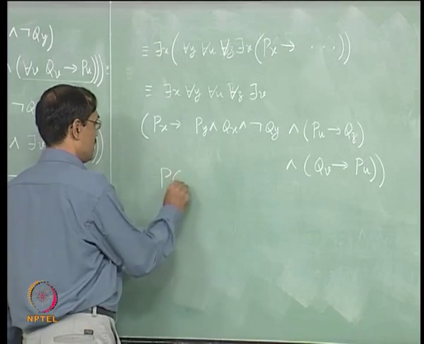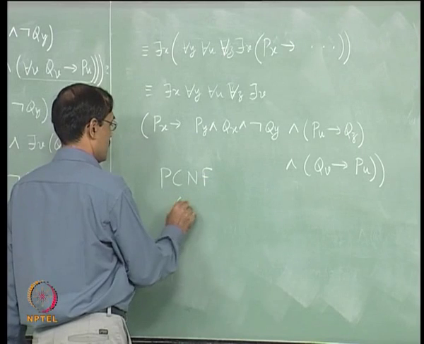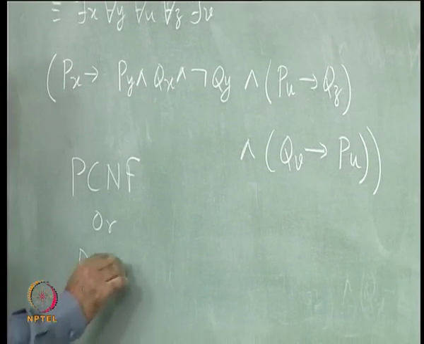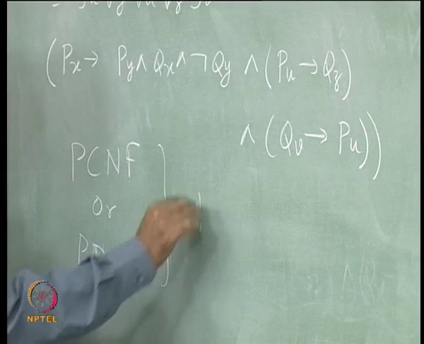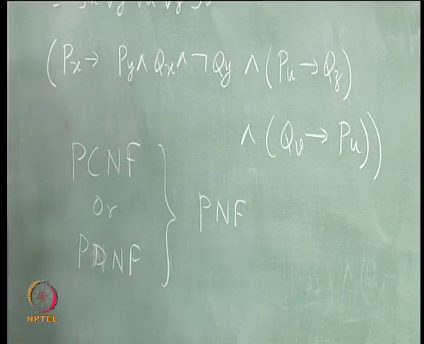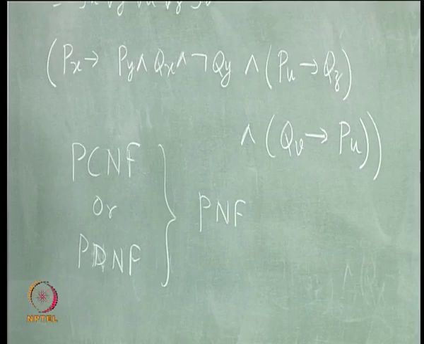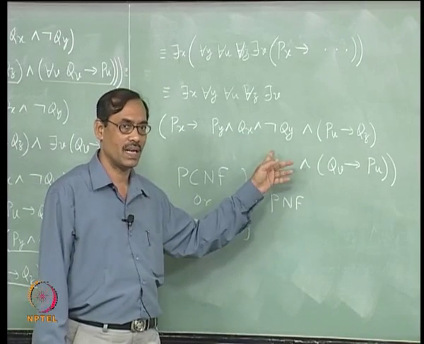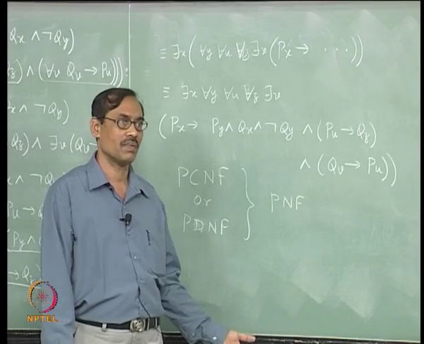So, you just tell PCNF or PDNF. So, both are combinedly called PNF, Prenex normal forms. This is the Prenex form. Once you convert it to either CNF or DNF, it is called Prenex normal form.